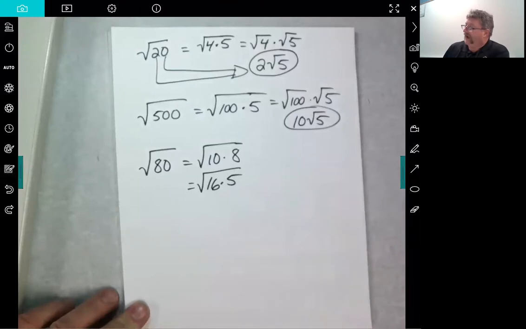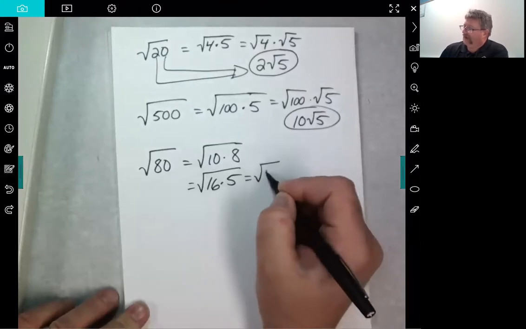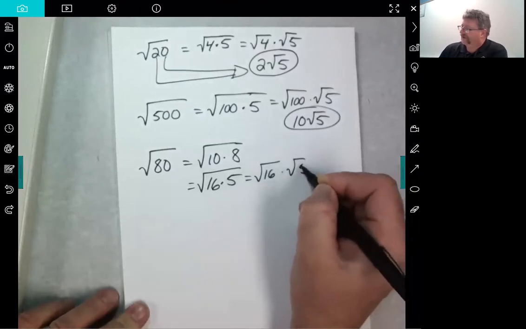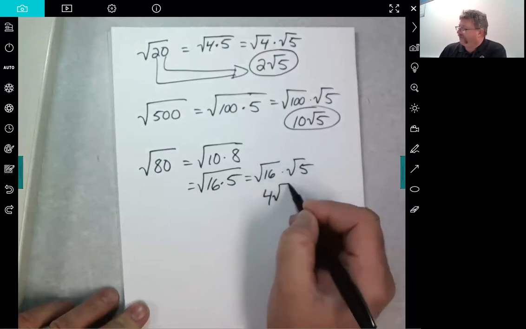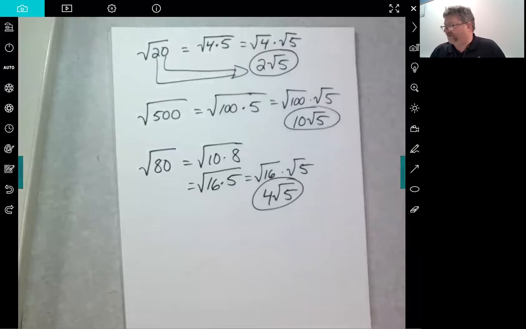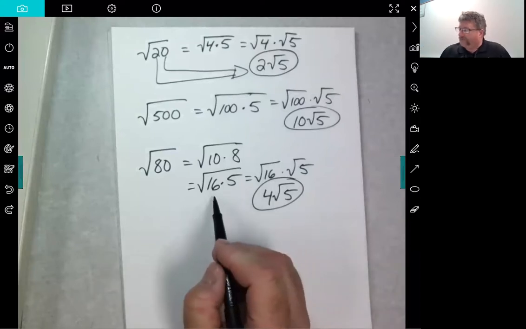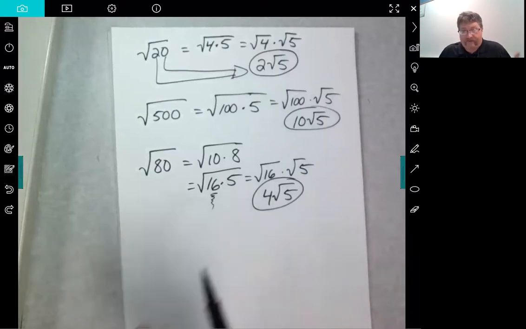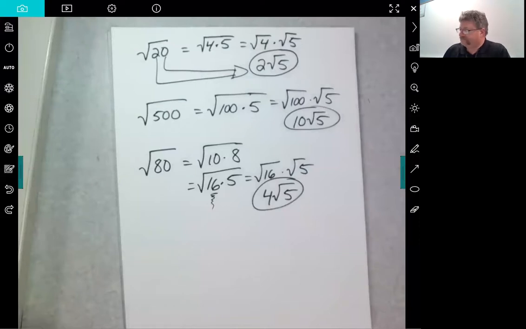Now I've got radical 16 times radical 5, and that's going to be 4 radical 5. I don't know why all these examples are ending up with radical 5. That's just dumb luck. So you have to factor it in such a way that we get a perfect square in there, and everybody knows the first handful of them. But 10 and 8 would be no good. Neither one of those is going to be a nice square root.